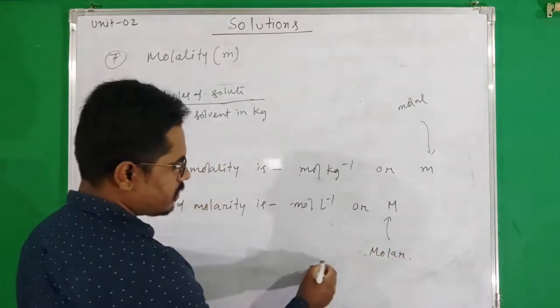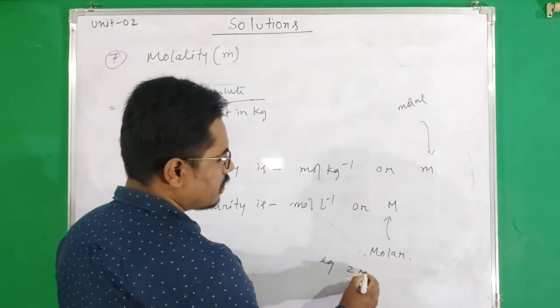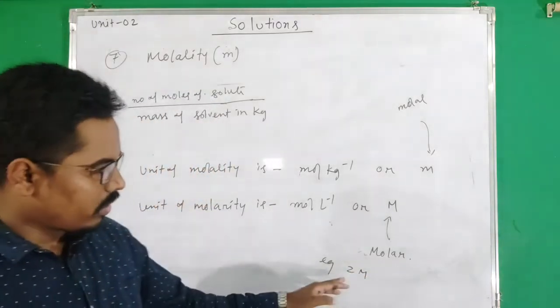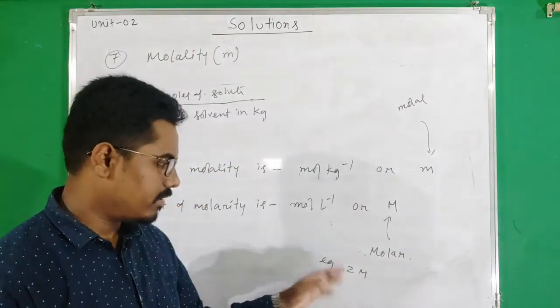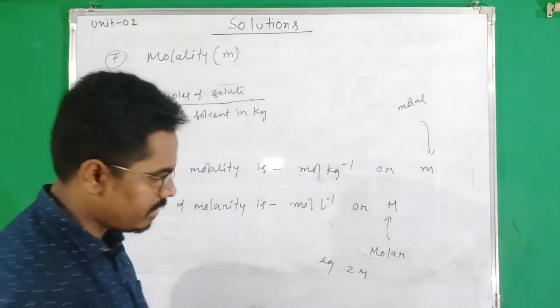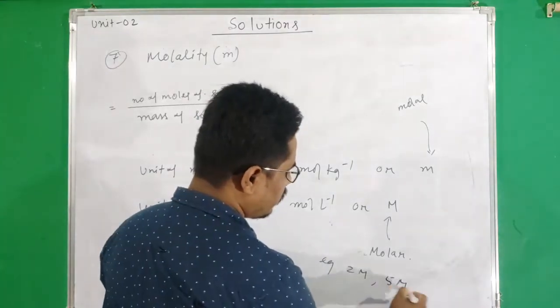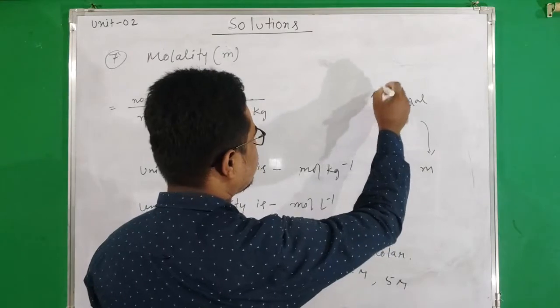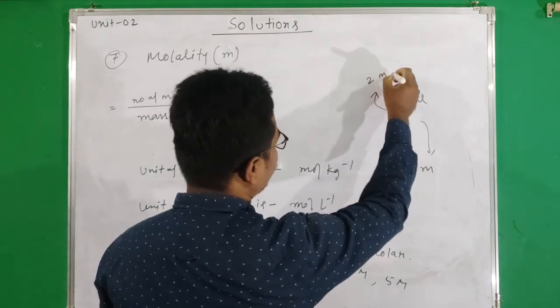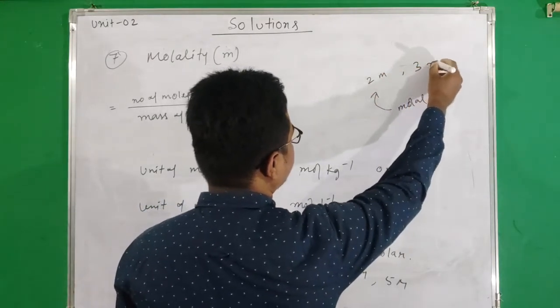As for example, if 2 m is given, then we have to read 2 molal; if 5 M, then we read 5 molar; 2 molal, 3 molal.